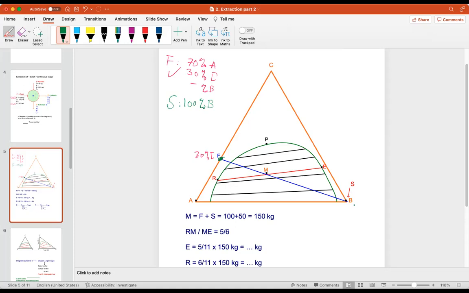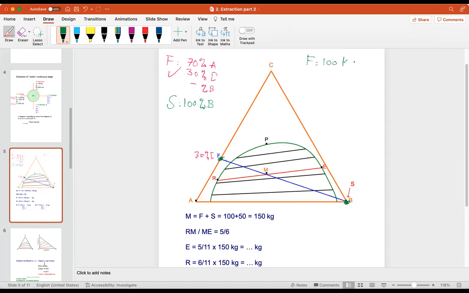This is 100% B because there is no C, there's no A, only 100% B. So this is 0% B. Then draw your line from F to S. Find your line from F to S there.